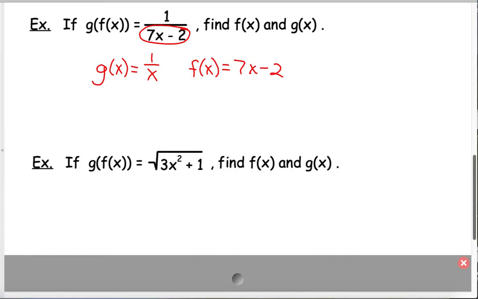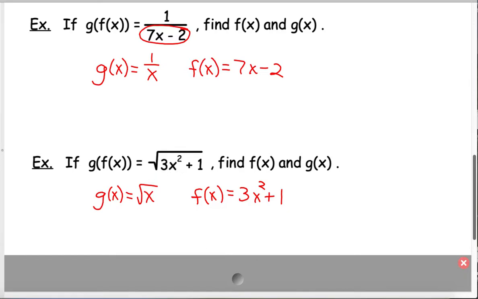Let's try one more. How about this one? Well, I look at the outermost function. To me, it looks like it's just the square root of something. So I'm going to let g of x equal the square root of x. And then f will equal 3x squared plus 1. The nice thing is you can take your answer and then just do the composition of those and make sure you get what you started with.